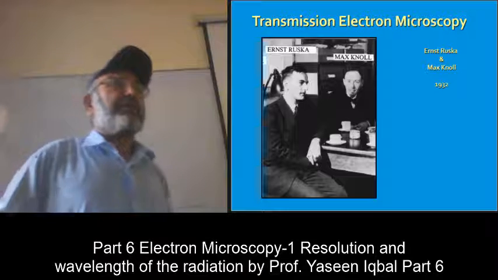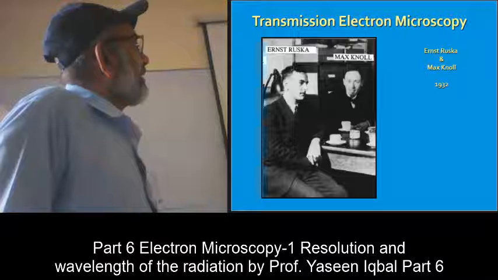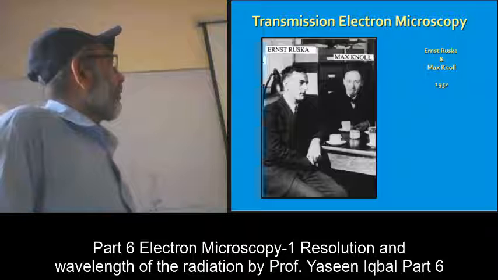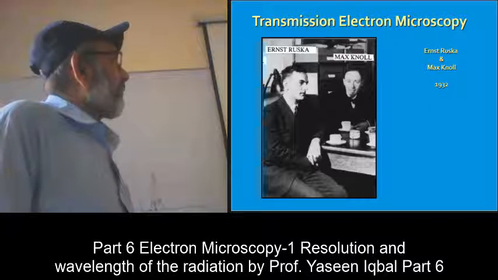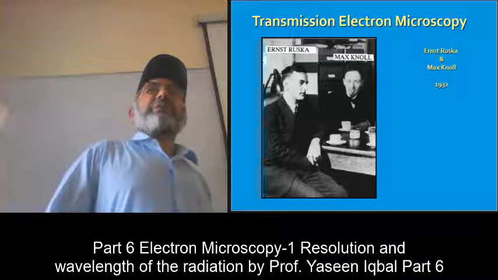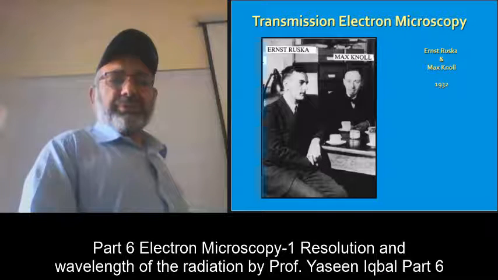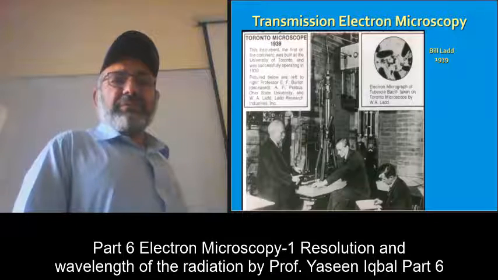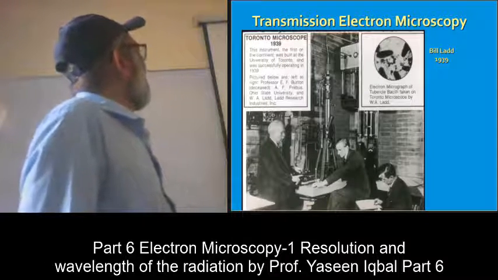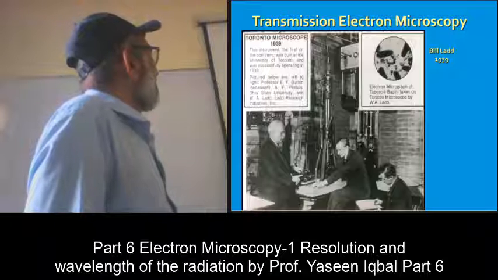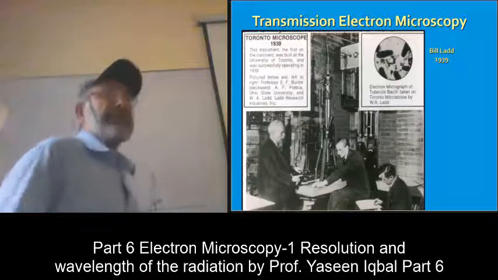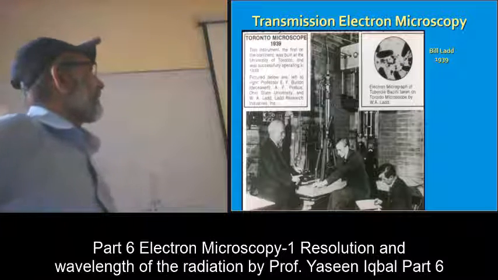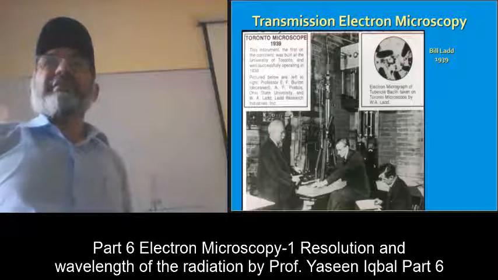Okay, so these were the two persons, Ernst Ruska and Max Knoll, who developed the first transmission electron microscope in 1932. And the first electron microscope on the continent was built at the University of Toronto, Canada, and was successfully operating in 1939.